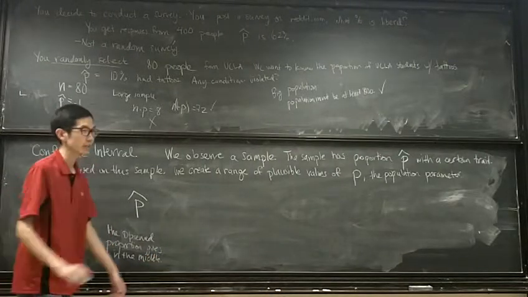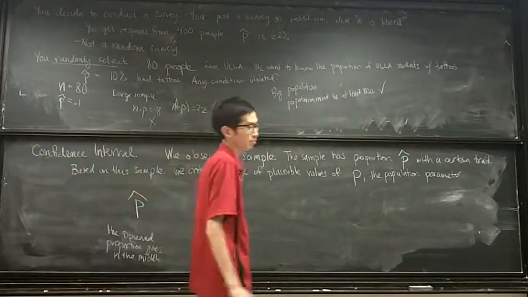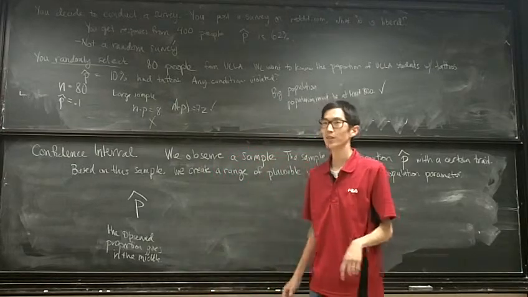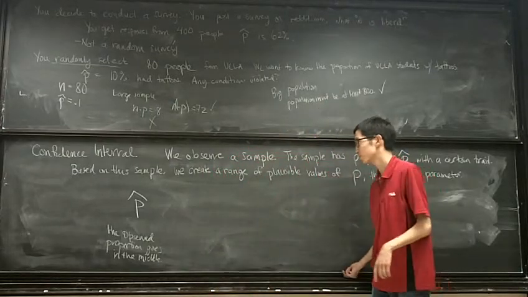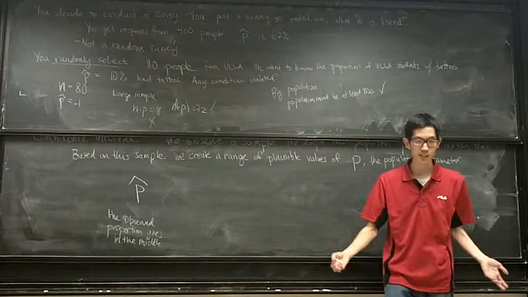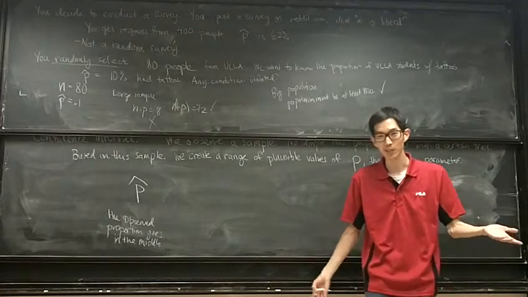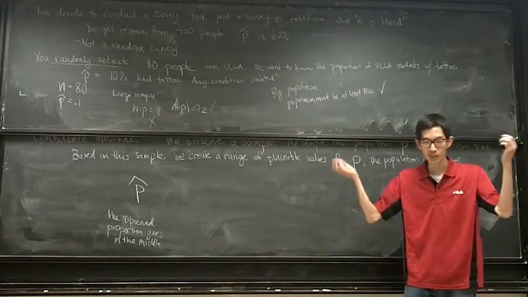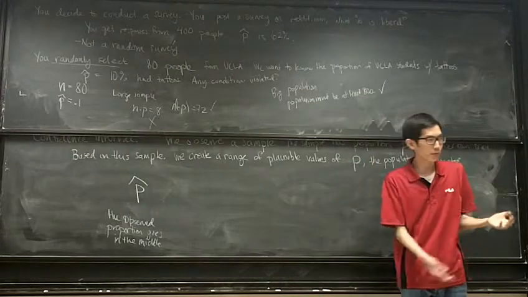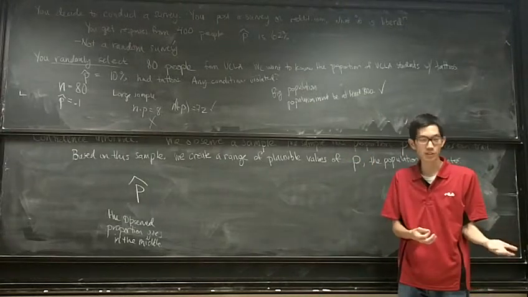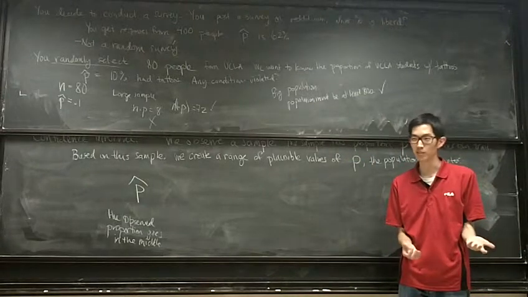Okay, and this is what they do during election season. They say so and so is polling at this percent with a margin of error of this percent, right? They'll say so and so is polling 48% of the votes with a margin of error of 3% or something.